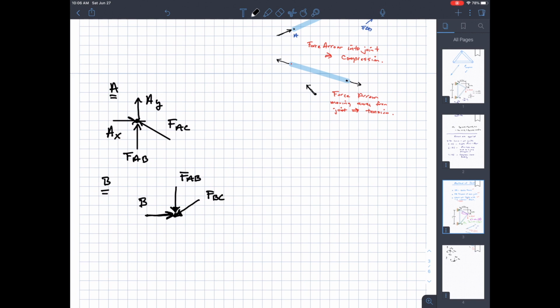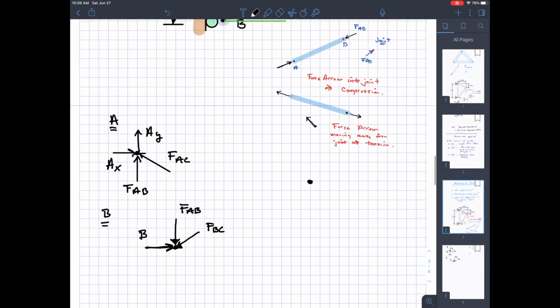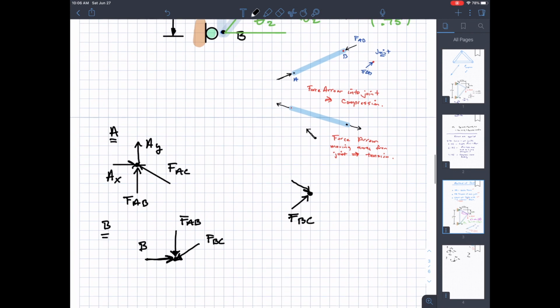So finally, let's do joint C. At joint C, I'm going to draw all the member forces into the joint. So FBC and, I can't remember the letters, AC.